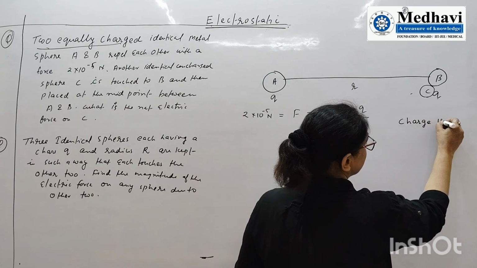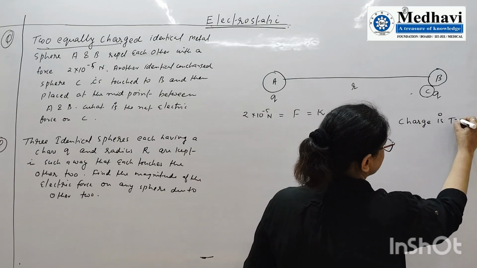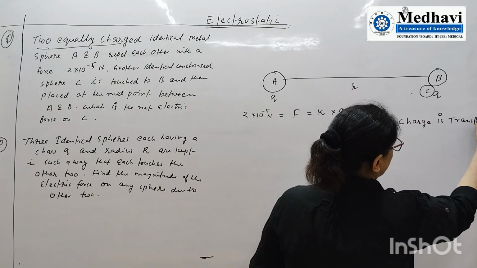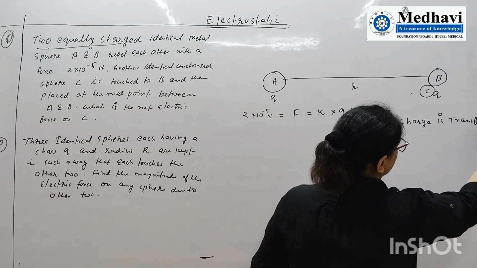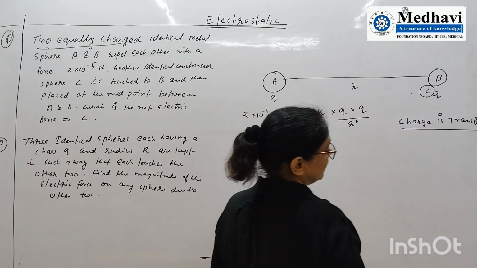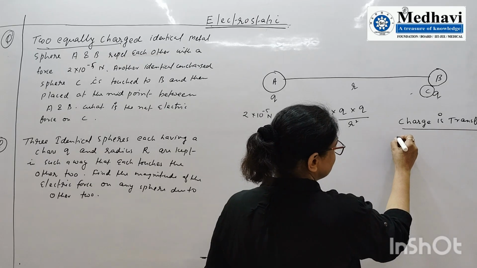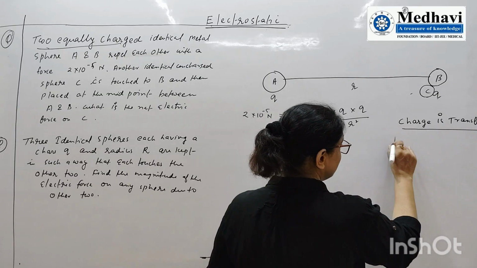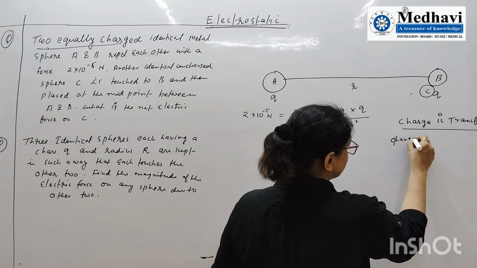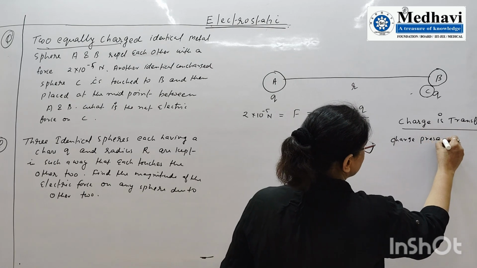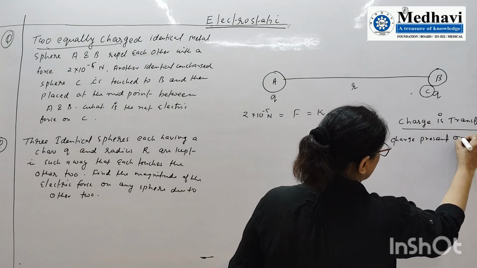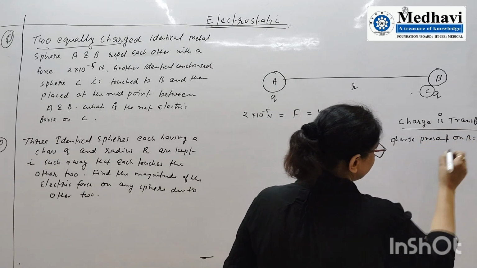Very important point: charge is transferable. That is, charge can be transferred from one body to another body. So here, what is the charge present on B? I have already mentioned the charge present on B is equal to Q.